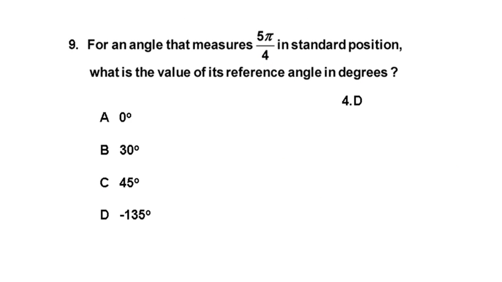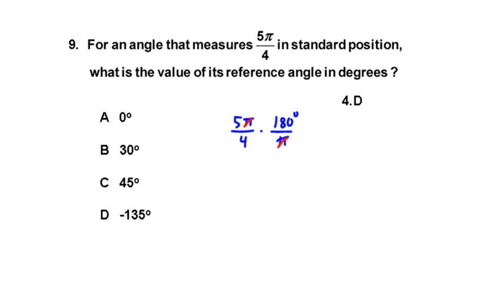For an angle that measures 5 pi over 4 radians in standard position, what is the value of the reference angle in degrees? Well, this comes back to maybe the first problem we have in this test. If you take 5 pi over 4 and convert this to degrees, we can multiply this by 180 over pi, and pi over pi cancel.